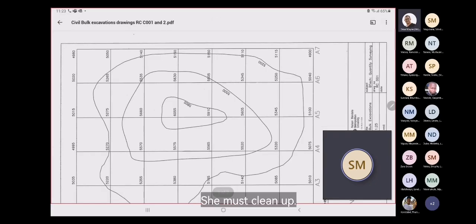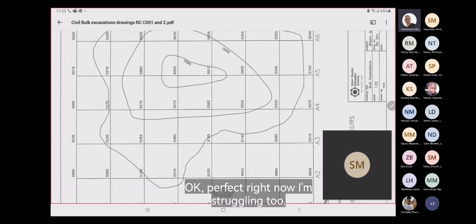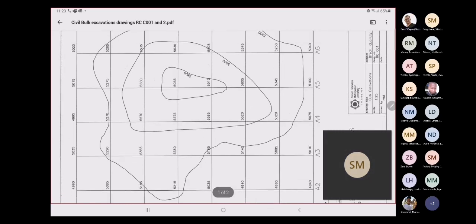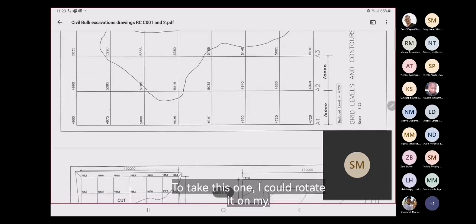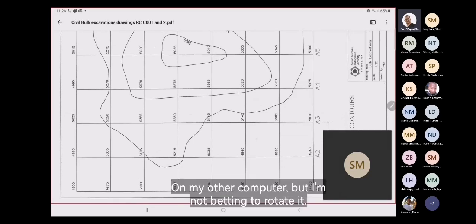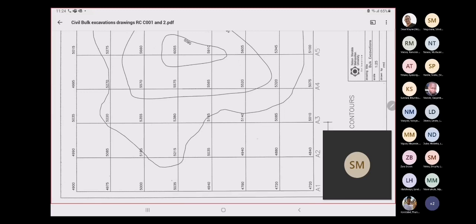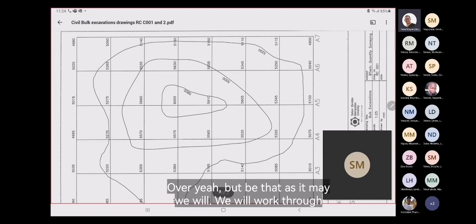Can you see my screen now? Yes, sir. Okay, great stuff. Right, now I'm struggling to rotate this one. I could rotate it on my other computer, but I'm battling to rotate it over here. But be that as it may, we will work through this.